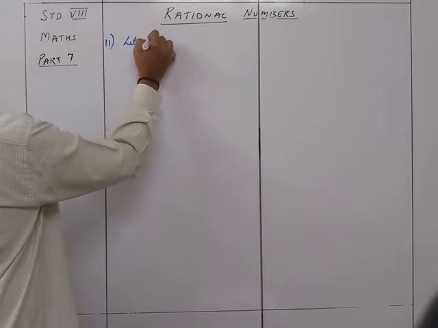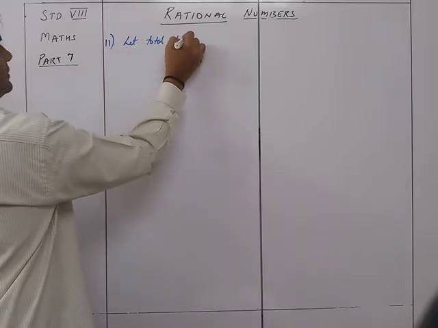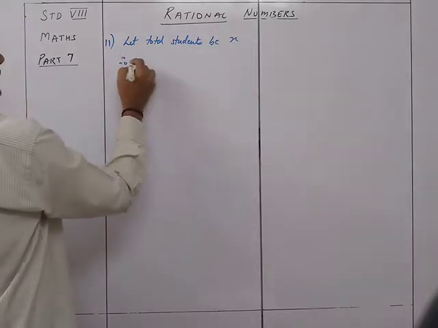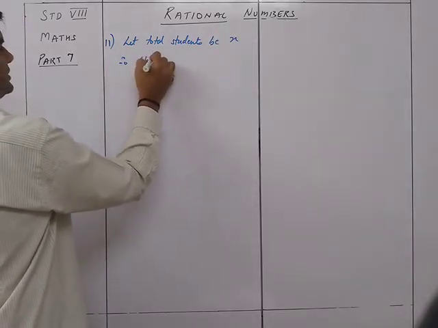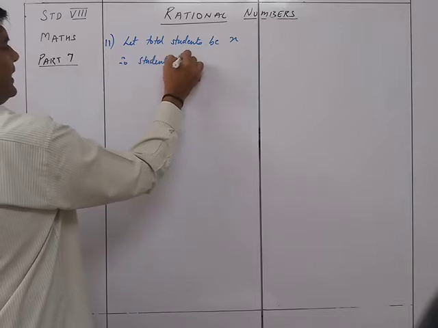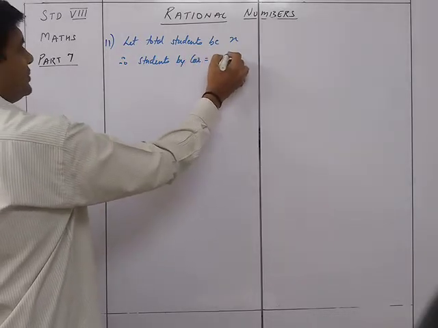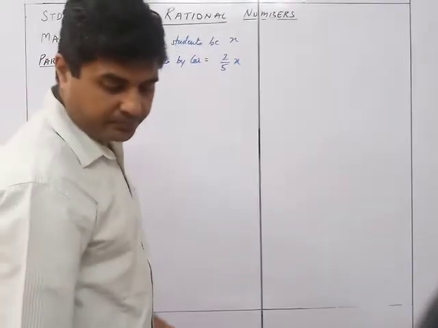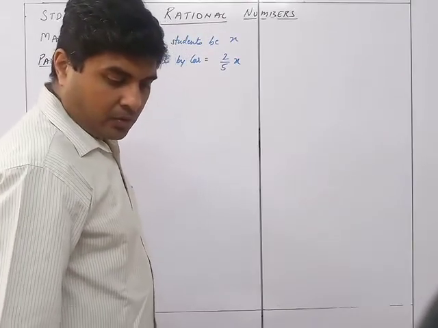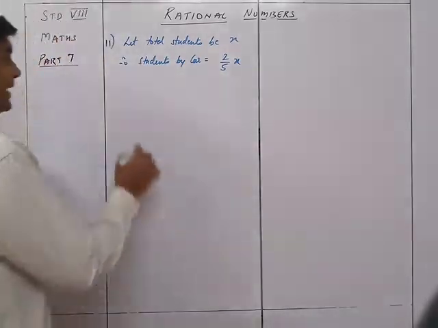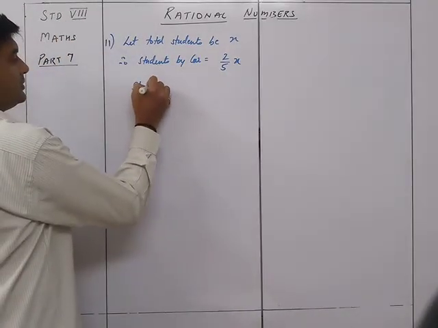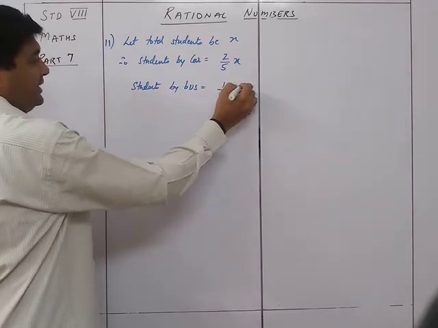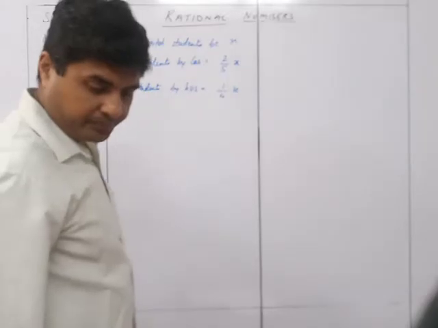Let total students be x. Therefore, students by car is equal to 2 upon 5x. 1/4 come by bus. Students by bus is equal to 1 upon 4x.